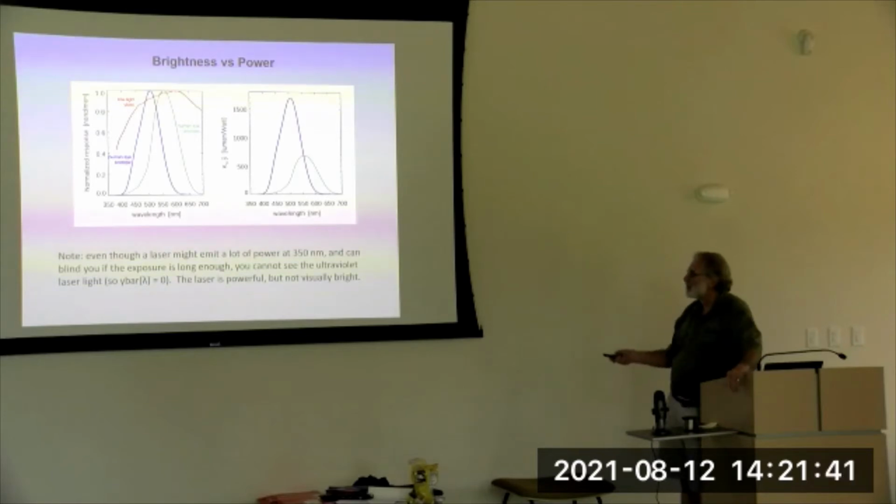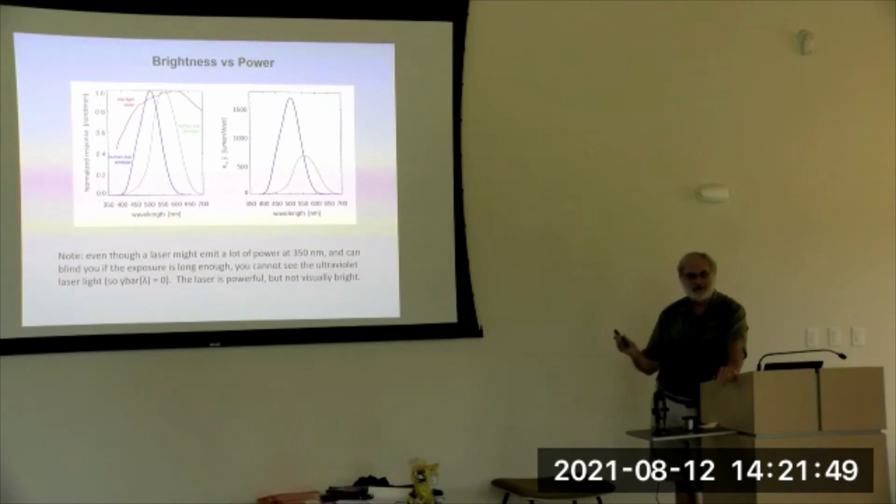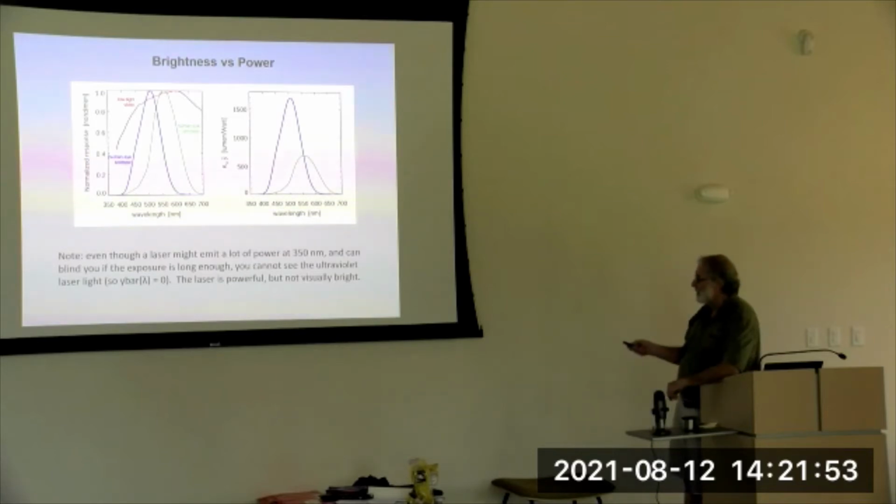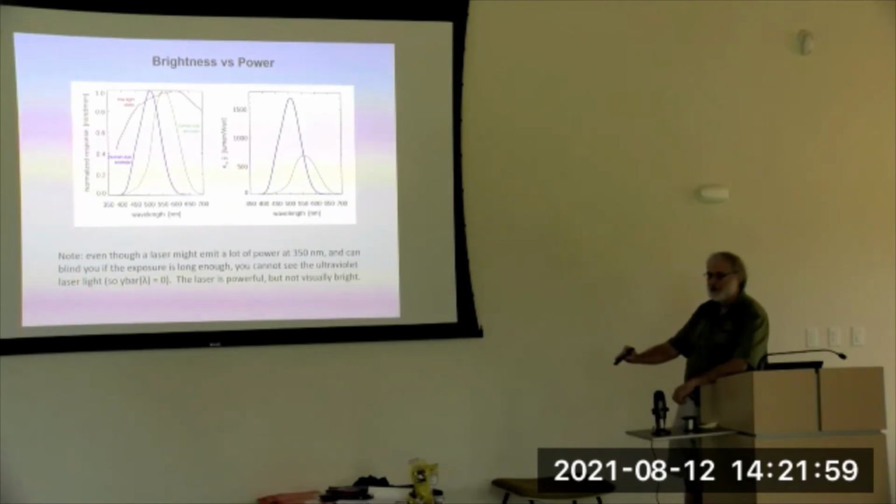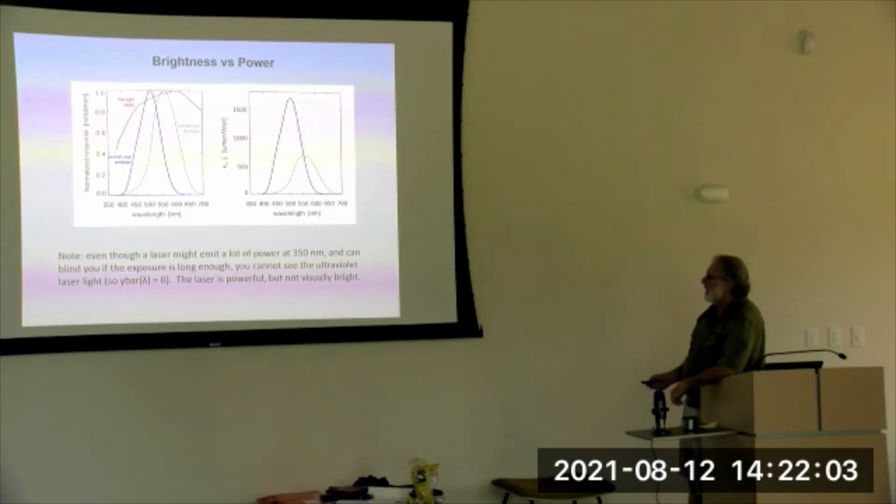Nothing, because your eye is not sensitive to 350 nanometers. You'll sit there and just cook your eye until you're blind, and you'll never see it. You'll never have any perception of brightness. Whereas if you look at a 532 nanometer laser, like this one, wow, that would be incredibly bright, and you would blink immediately.